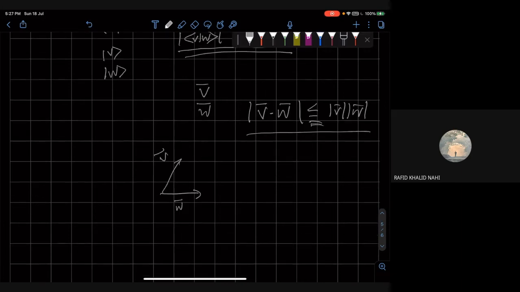So essentially when W is proportional to V. Okay, so you have to go and convince yourself that the saturation of the Schwarz inequality that is given in problem 3 is equivalent to this.